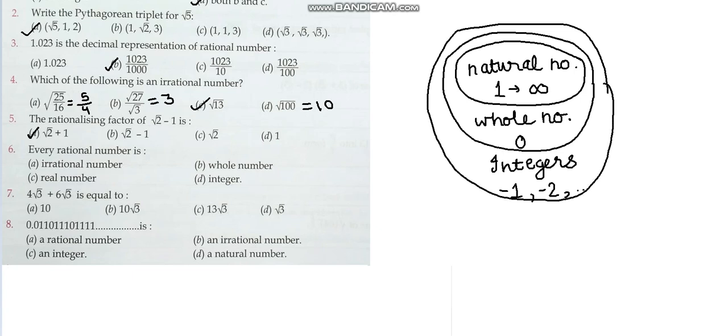And after integers there are rational numbers, which can be represented in the form of p by q, where p and q are integers and q not equal to 0. So rational numbers also include fractional values and also fractional values in negative, like 1 upon 2 and minus 3 upon 4.